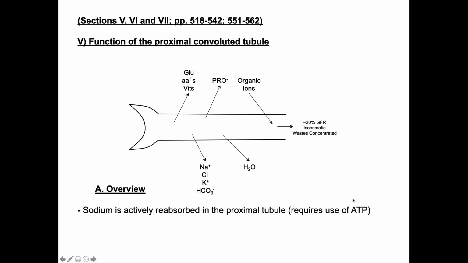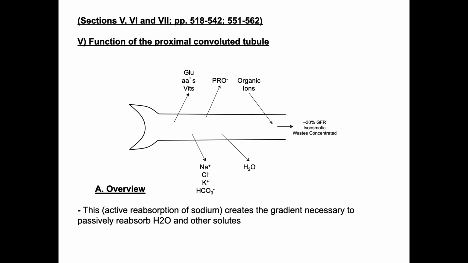We're going to see that this is going to require the utilization of ATP. And we're going to see that this active reabsorption of sodium is going to create an osmotic and a concentration gradient that is necessary to enable water and other solutes to be passively absorbed. So all of this reabsorption in the proximal tubule gets started through active transport of sodium.